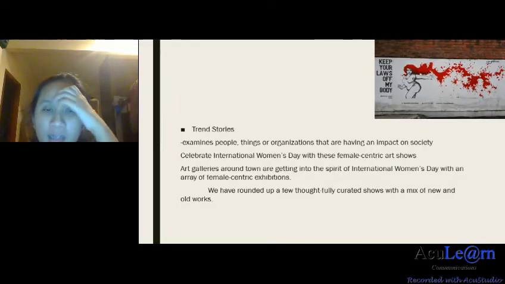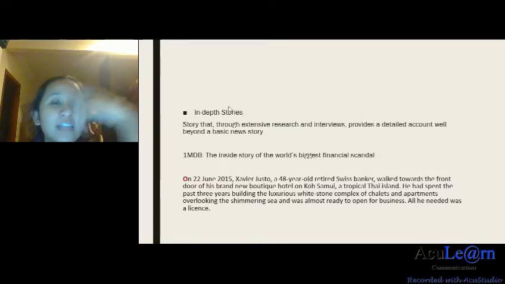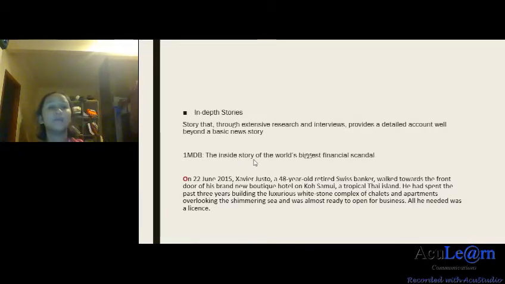Yeah. And you can also have in-depth stories in feature, whereby a story, through extensive research and interviews, provides a detailed account well beyond a basic news story. So, for example, the 1MDB story, you would like to elaborate that and include your opinion in the particular feature story, you can write about 1MDB as well. 1MDB does not mean it can only remain a hard news story.